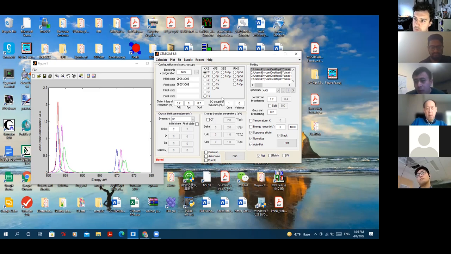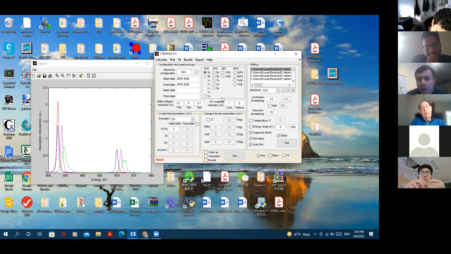So the charge transfer typically happens when your system is highly covalent, meaning that your 3d energy is very close to the 2p. Right? We know they're close. So there's a lot of covalence involved in the 3d transition metal systems, but in some systems they're so close that it basically involves charge transfer.